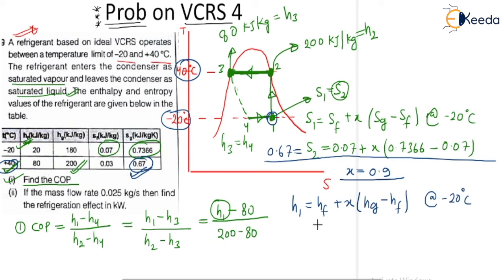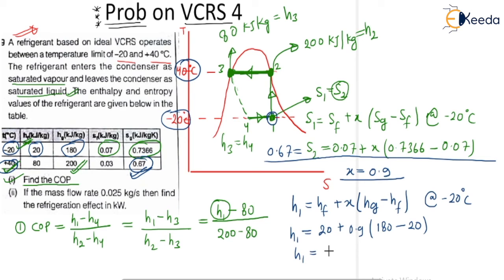We write all these values: HF is 20, X is 0.9, Hg is 180. Sorry, HF is 20 kilojoule per kg. So by this way, we solve our H1 value.